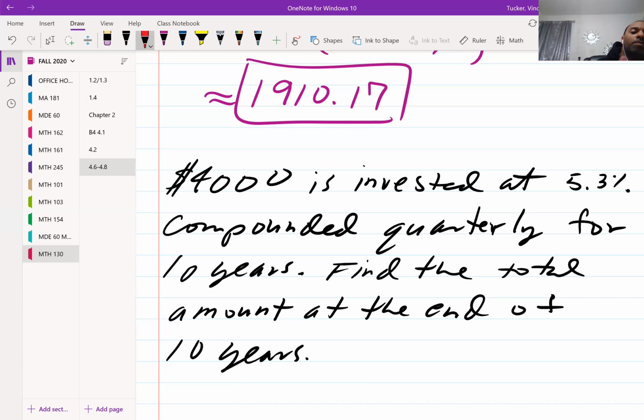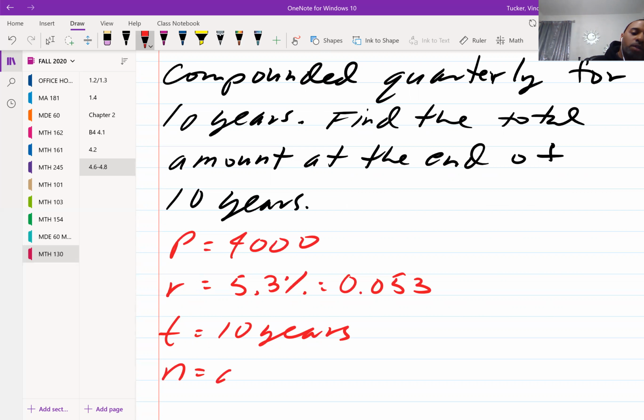All right. $4,000 is our principal. 5.3% is the rate, 0.053 converted to a decimal. Time is 10 years. The N is quarterly, and that means we're looking at 4.